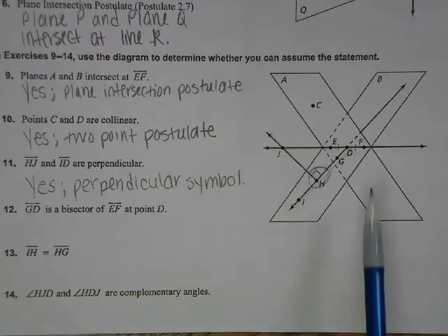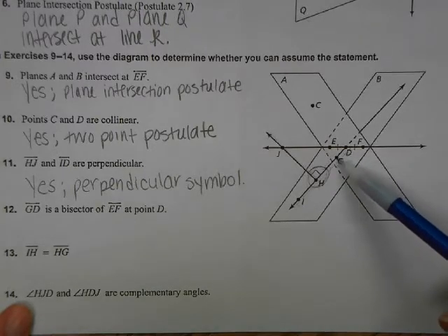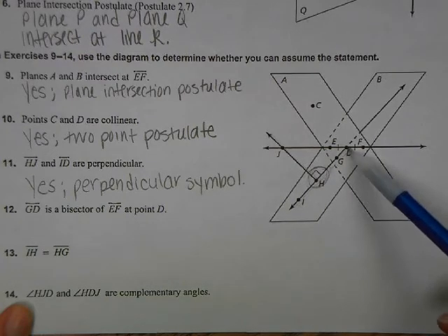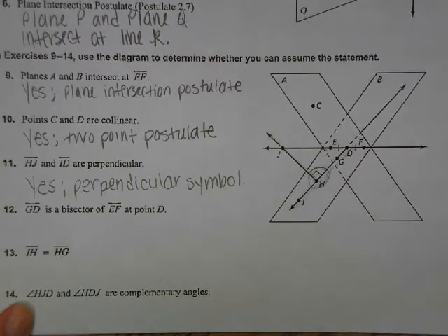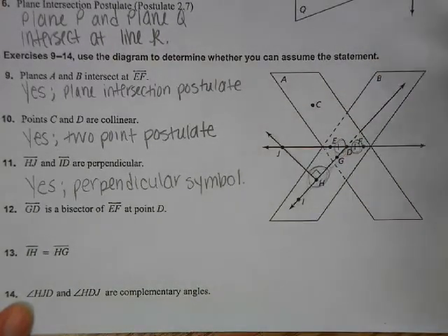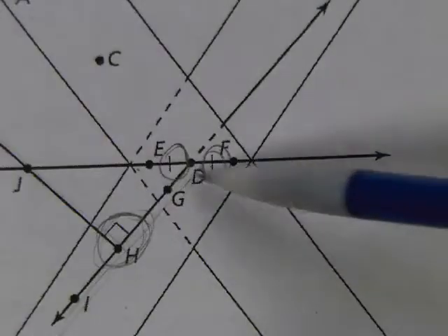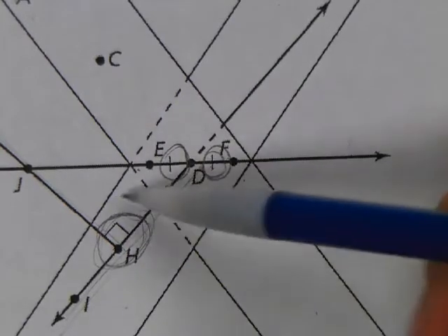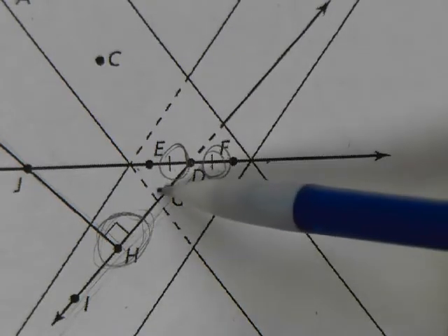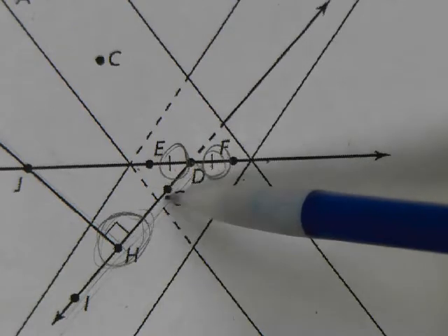All right, number 12, GD is a bisector of EF at point D. So remember we talked about these symbols, these little tick mark symbols. You can zoom in if you want. So these two tick mark symbols mean that ED is congruent to DF. So by definition of a bisector, this statement is true.